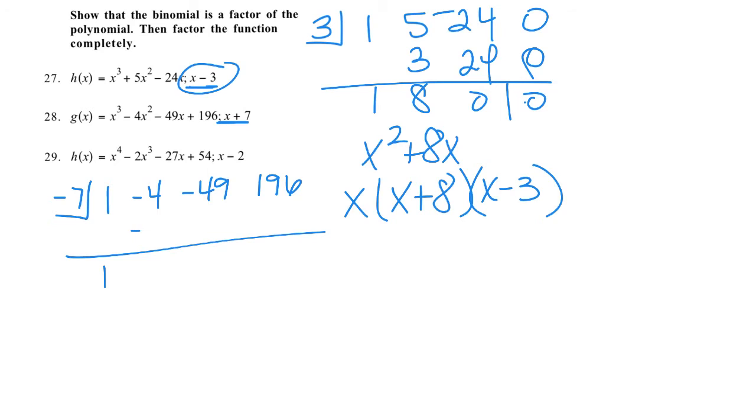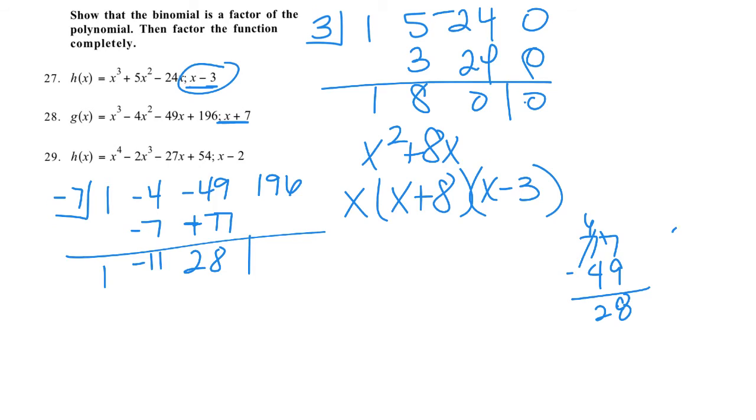So 1, negative 7, negative 11, negative 77, positive 77, and 77 minus 49, so that's 28, positive 28, and 28 times 7 is 196, negative 196 is a 0.